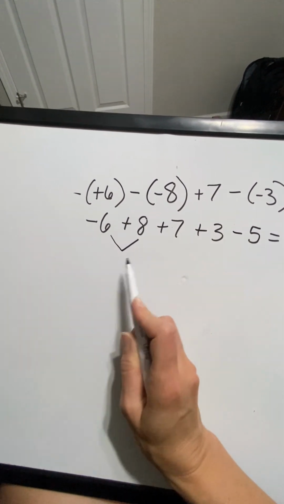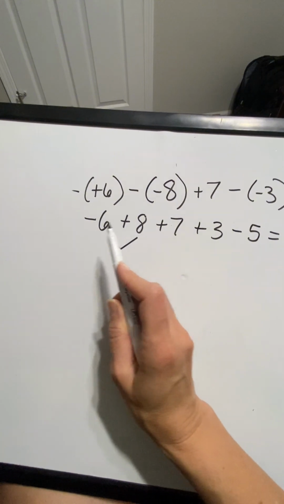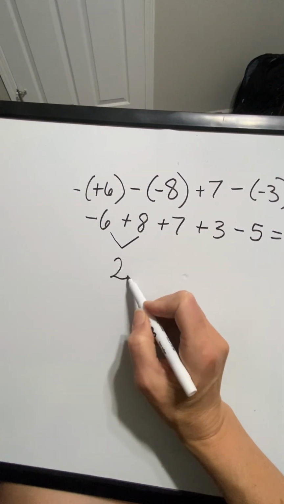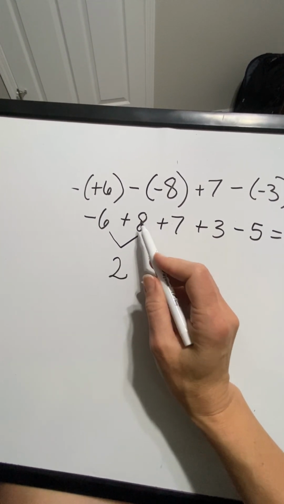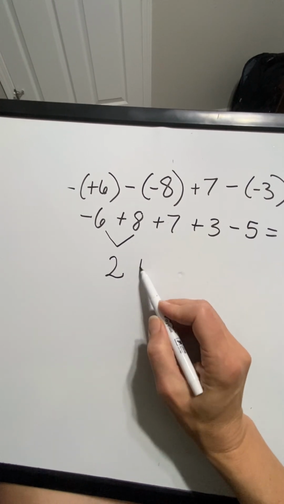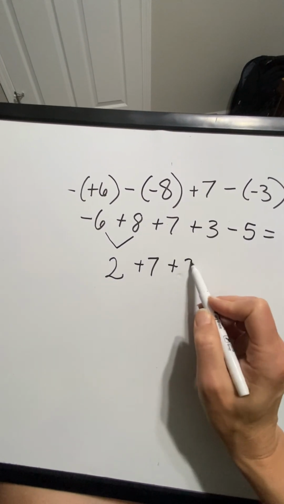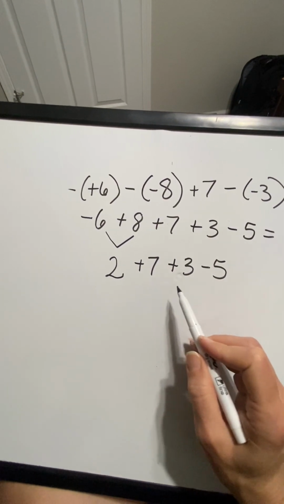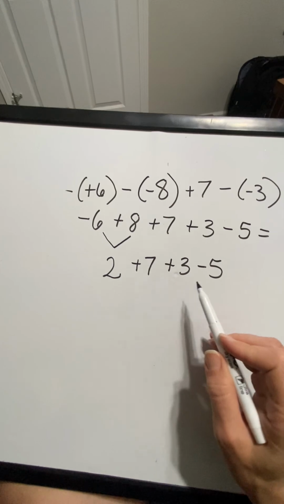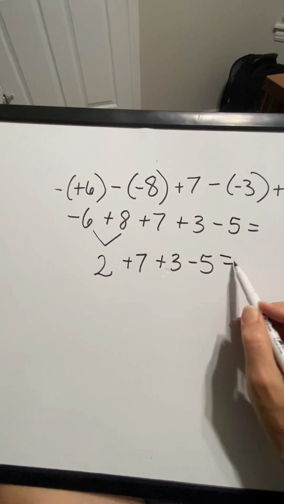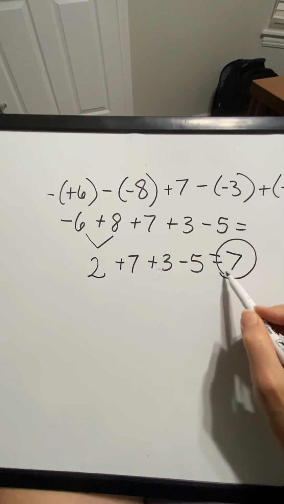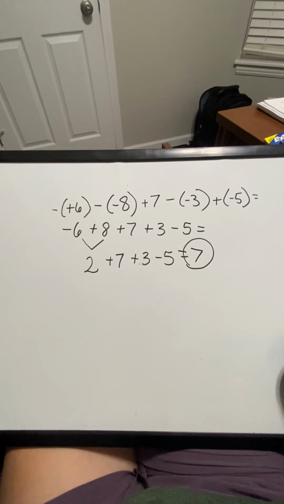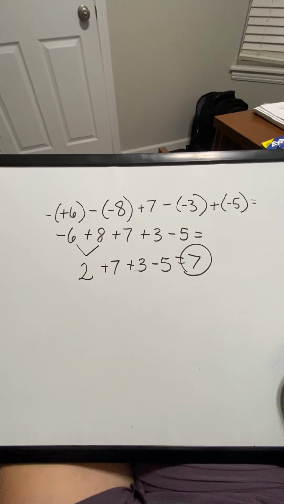So they are different, so we subtract them. 8 minus 6 is 2. The bigger number is 8. 8 is positive, so this stays positive. So 2 plus 7 plus 3 minus 5. 2 plus 7 is 9. 9 plus 3 is 12. 12 minus 5 is 7. Easy peasy lemon squeezy.